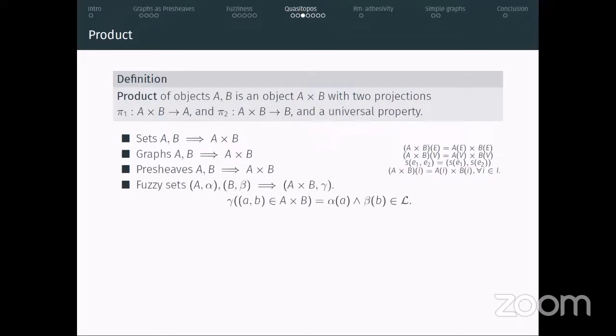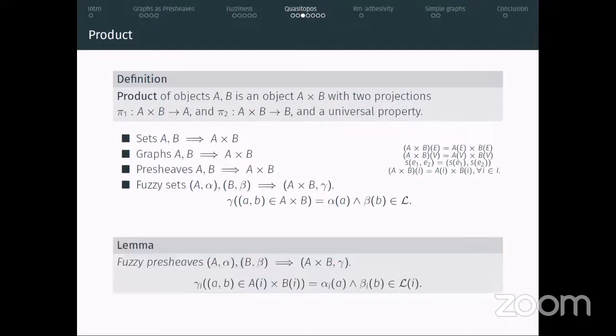Now, if you look at fuzzy sets, the way to define the product between two fuzzy sets is to take the product in sets, and you just have to specify the function on the product, which is just the meet of the memberships. So similarly as for the terminal object, the way to have products for fuzzy presheaves is just to combine the examples above, and voila, you have it.